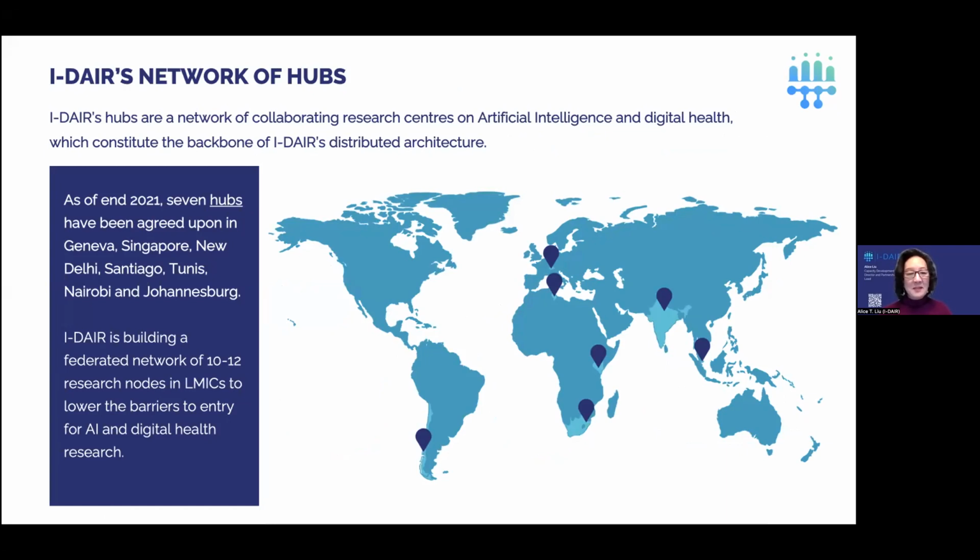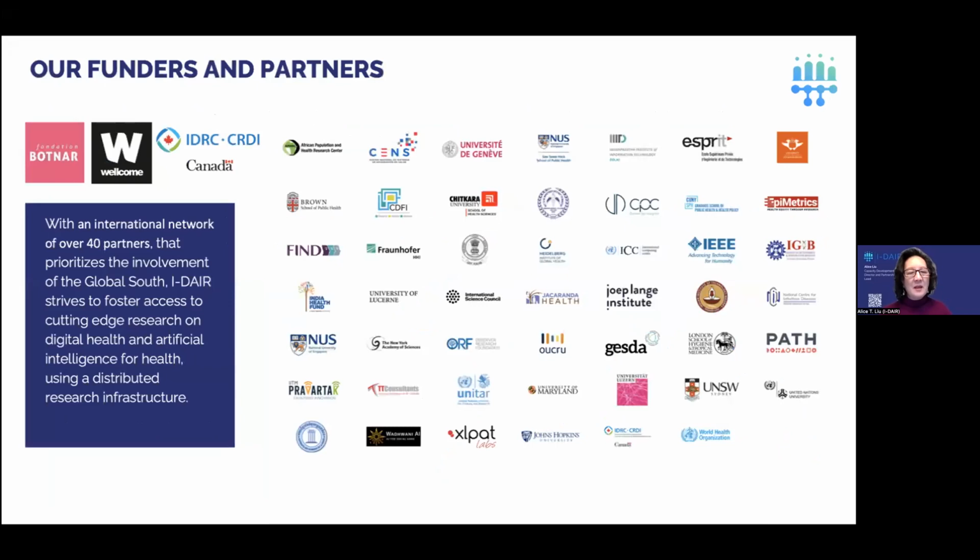We're hoping to build out a larger network of research nodes over the next couple of years. Our founding funders started out with the Fondation Botnar, and then Wellcome Trust and IDRC of Canada. And we have various partners. Our hubs are listed here at the top, I think that's 7, and we have other partners that we work with.